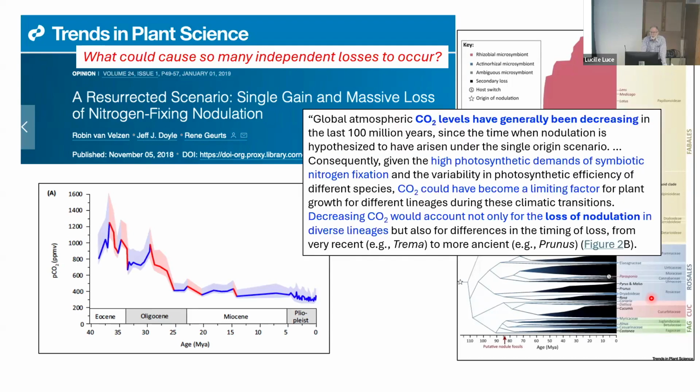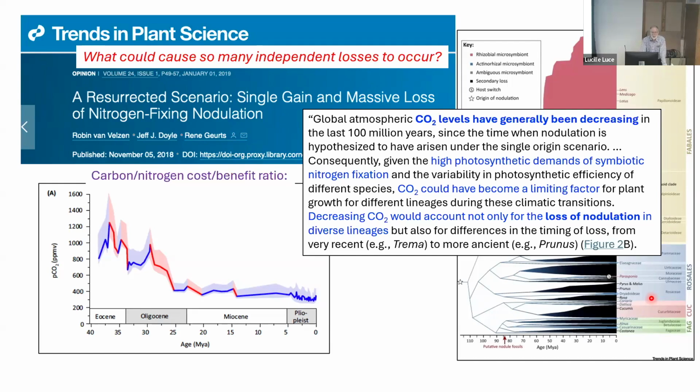And so what has happened is that global atmospheric CO2 levels have generally been decreasing in the last 100 million years since the time when nodulation is hypothesized to have risen. And consequently, because nodulation really requires a lot of carbon in the form of making the nodule, but also giving photosynthate to the bacteria in exchange for the nitrogen they produce, when you have a situation in which CO2 levels are decreasing, carbon becomes increasingly expensive, and the cost-benefit ratio between nodulation, nitrogen fixation, and the expense of the carbon changes and shifts.